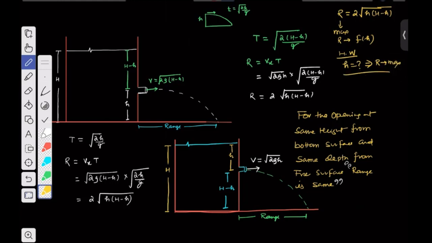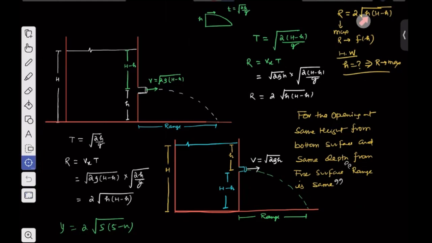Suppose I give you a function y equals to 2 root of x into 5 minus x. So you can find dy by dx or whatever way you can figure out for what value of the x this y will be maximum. Same here, capital H is a constant and small h is the variable, like the way here 5 is the constant and x is the variable.